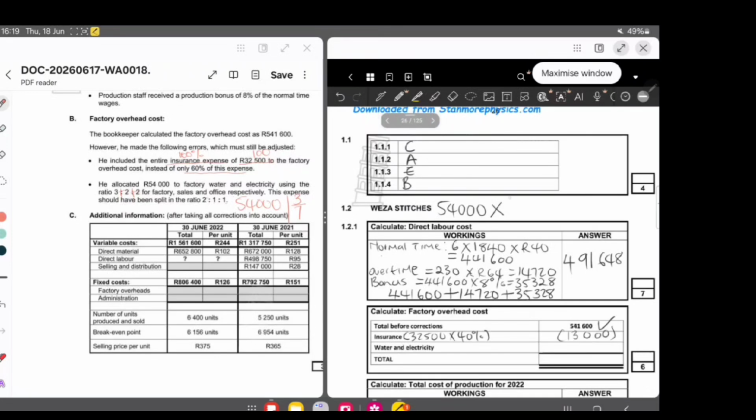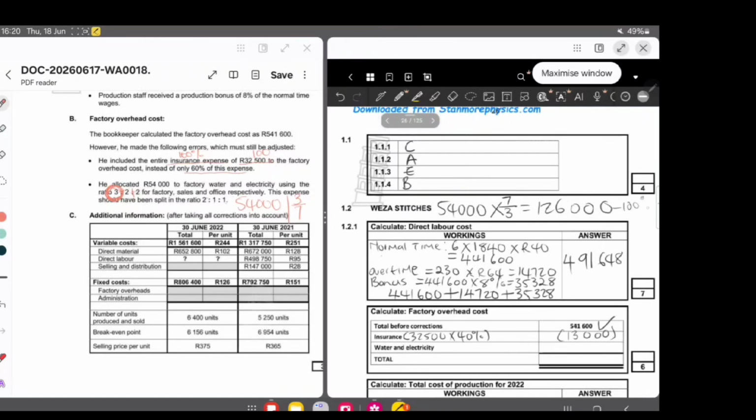We are looking for the total, which is 3 plus 2 plus 2, which is 7. We are only given the 3, because the 54,000 was allocated to the factory at 3. So you are going to divide by 3. Therefore, we're getting a total of 126,000 rands, so this is the whole water and electricity.